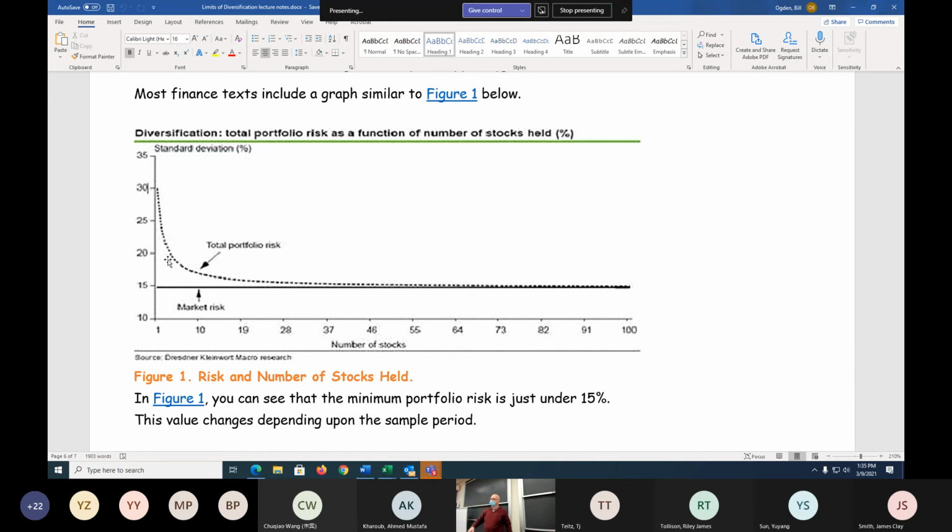Then they threw darts, and whatever stock the dart hit, they picked it. They created portfolios from darts. So how much skill did that take? None. Anyway, they found that that portfolio performed just as well as these managed ones where the people are making fortunes in most cases. So that's what's called market return.